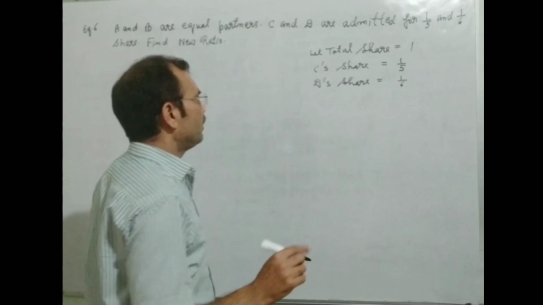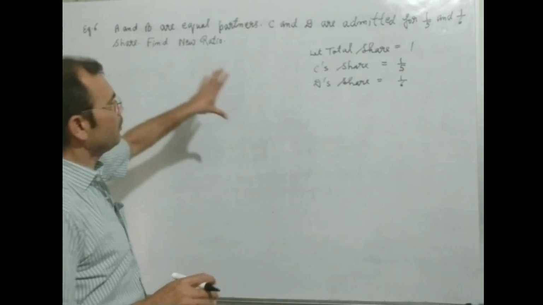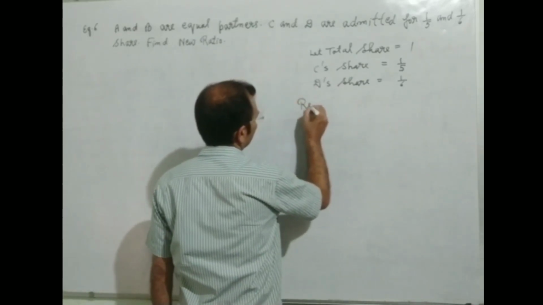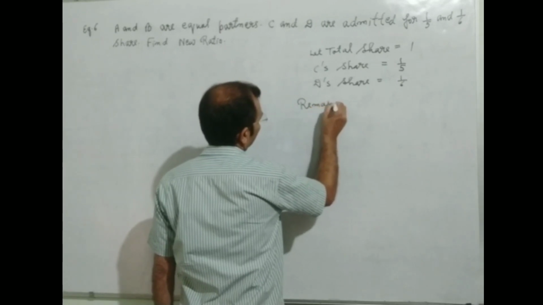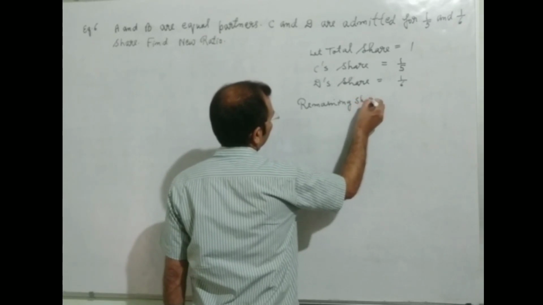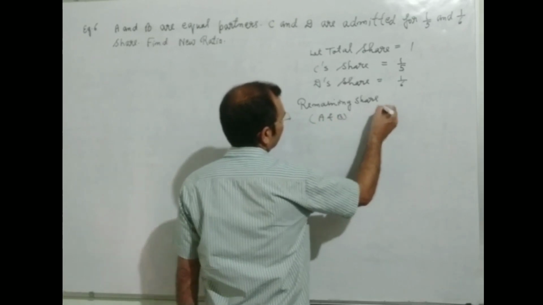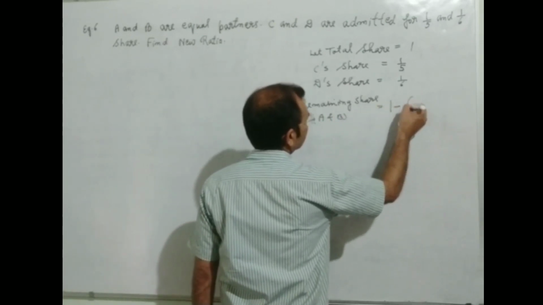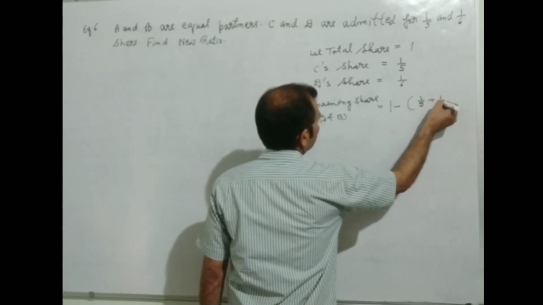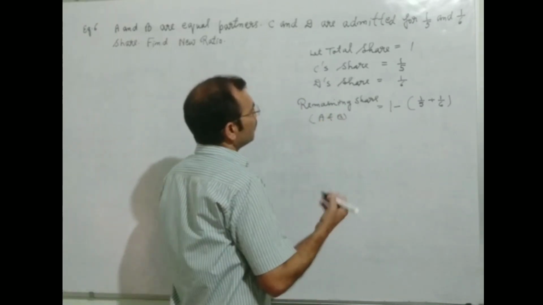Now we will find what part will be for A and B. So we will write the remaining part. The share for A and B will be 1 minus, with C's part and D's part in brackets. Now we will solve.